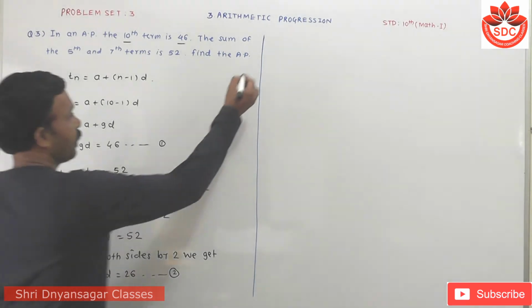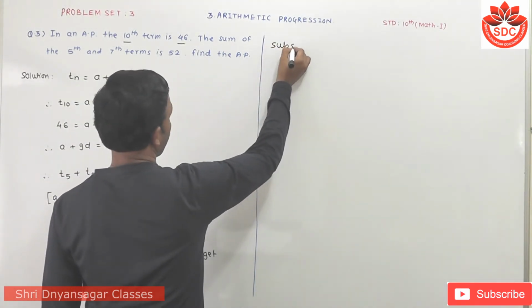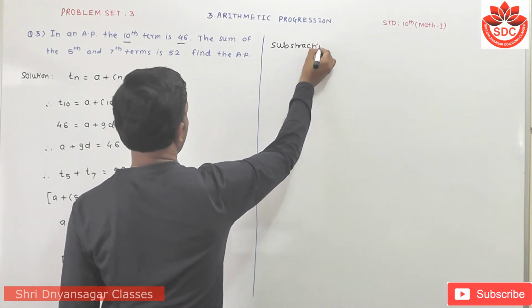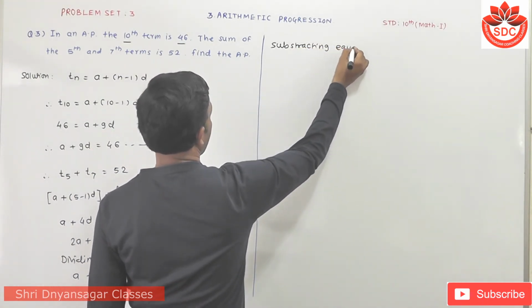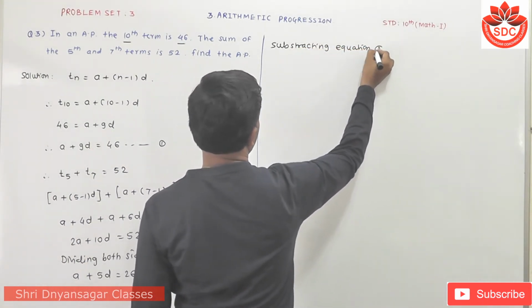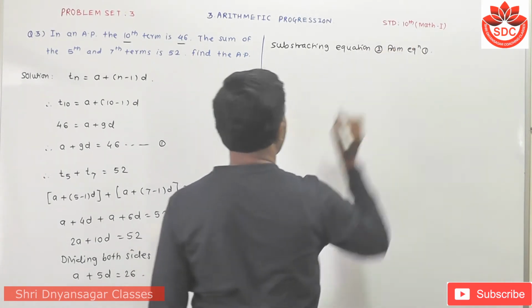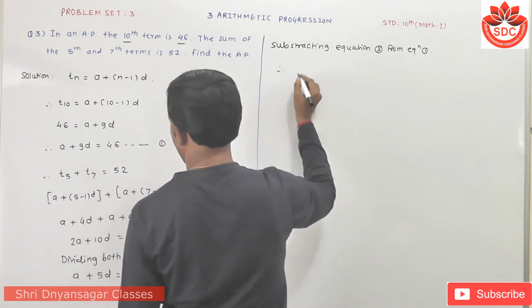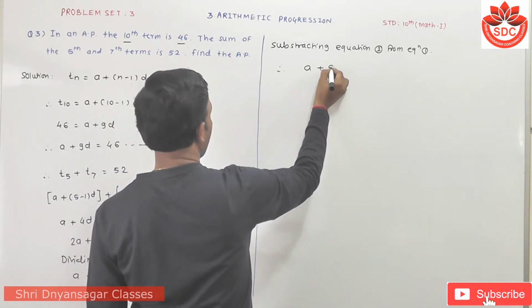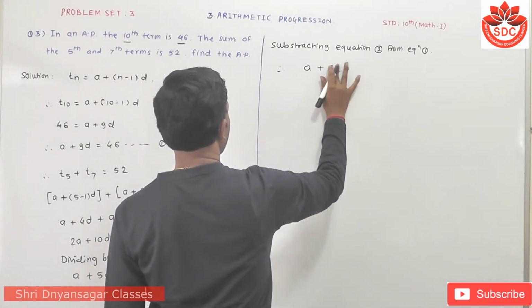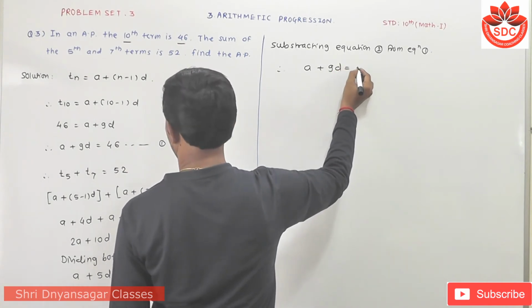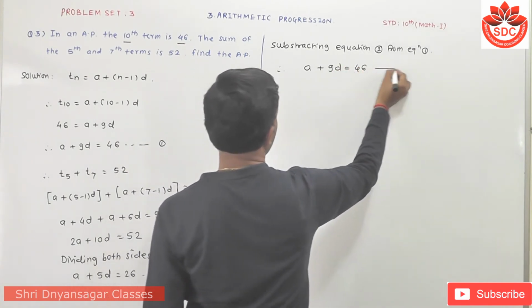We get, subtracting equation second from equation first. Now the first one is A plus 9D is equal to 46.